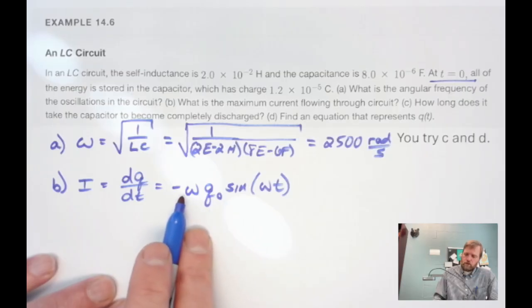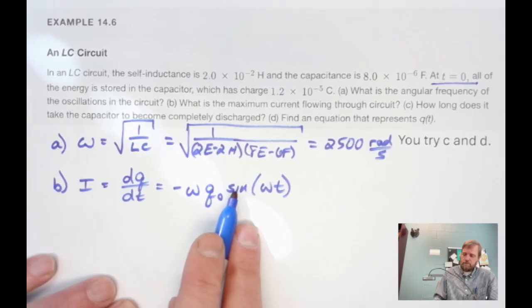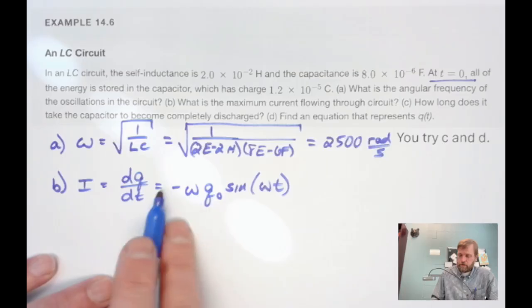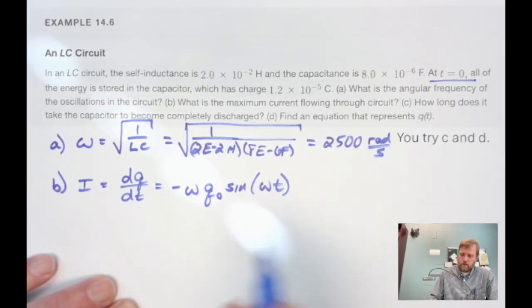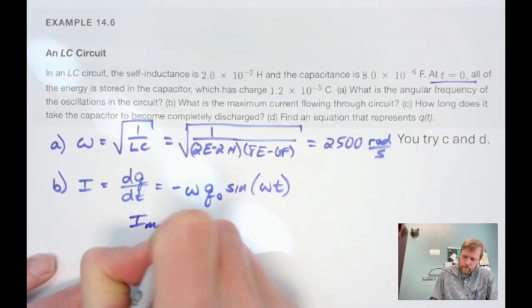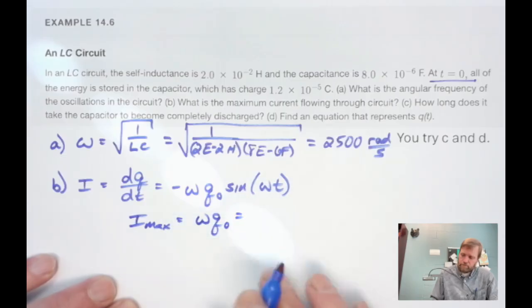All right, so when is this at a maximum? This is at a maximum when the sine function is 1 or negative 1. So that's all we need. I max is going to be omega Q naught.